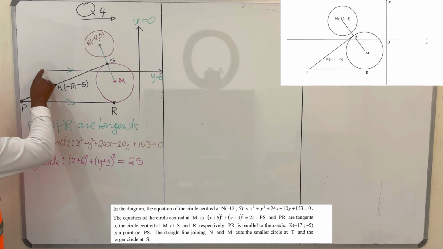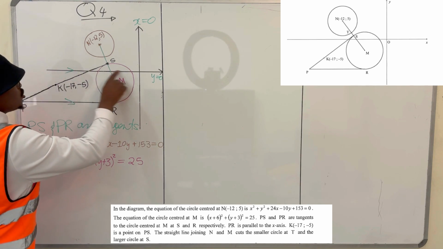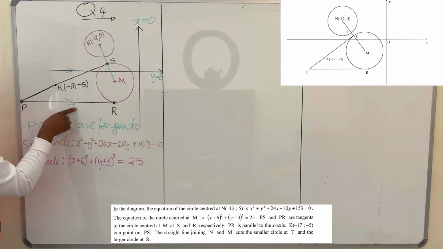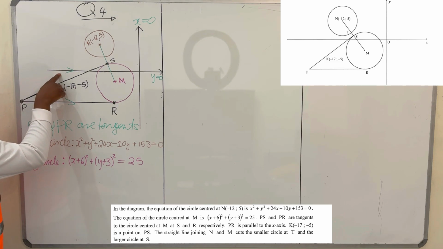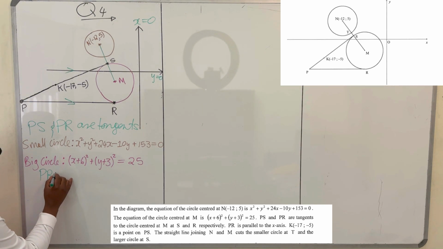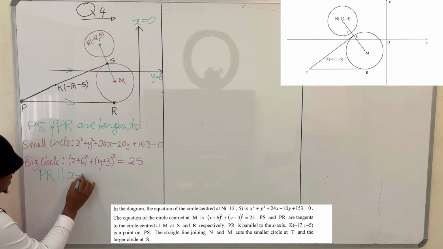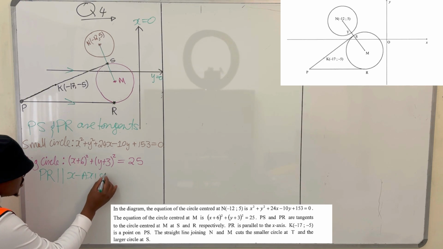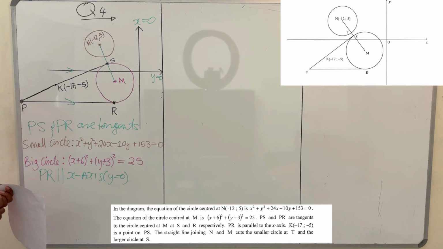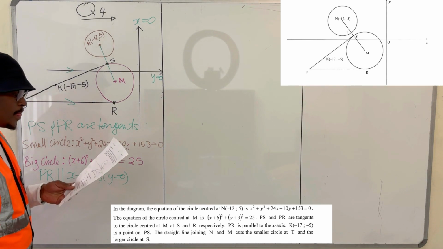So PR is horizontal. They say that PR is parallel to the x-axis, or parallel to the line y is equal to 0. No problem.